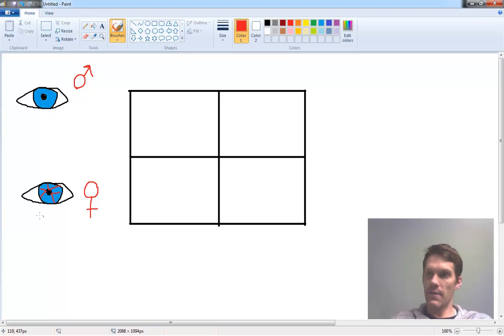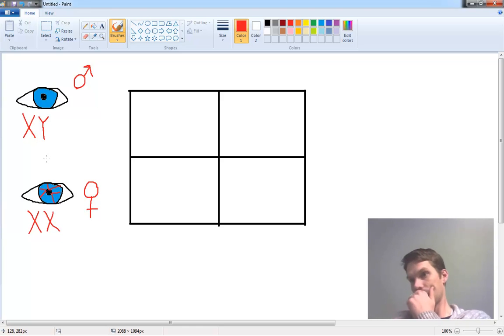A female has, as we know, two X chromosomes, and a male has an X chromosome and a Y chromosome. A Y chromosome is almost like having nothing at all.